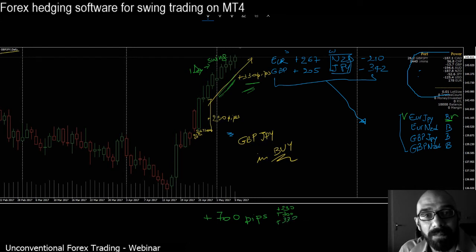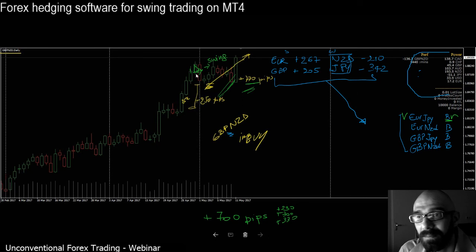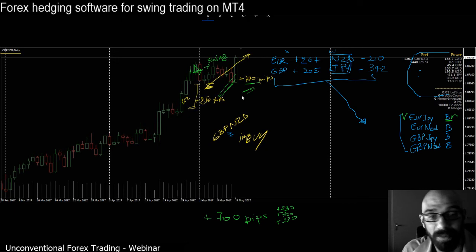And finally, let's also check the GBP New Zealand dollar, which had a kind of up and down, even if starting from a good position of already 250 pips up, of about 700 pips.